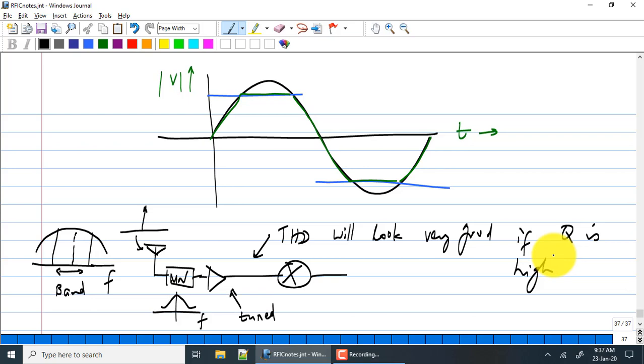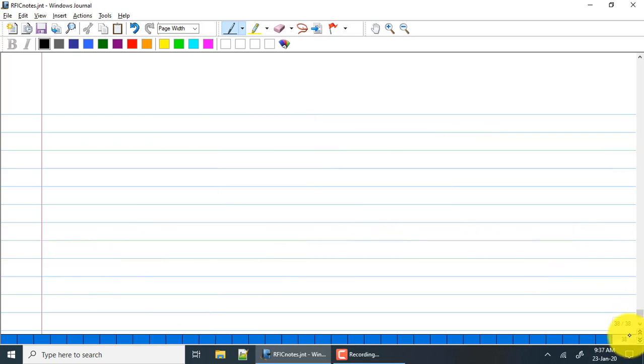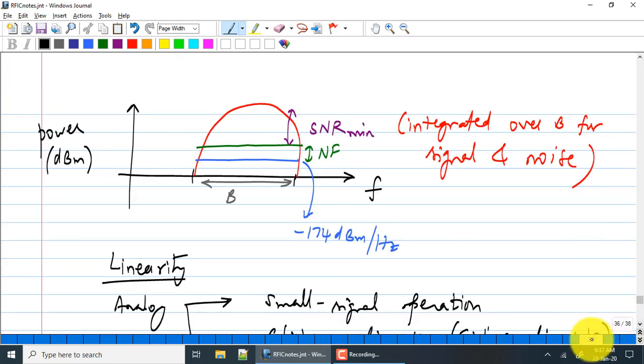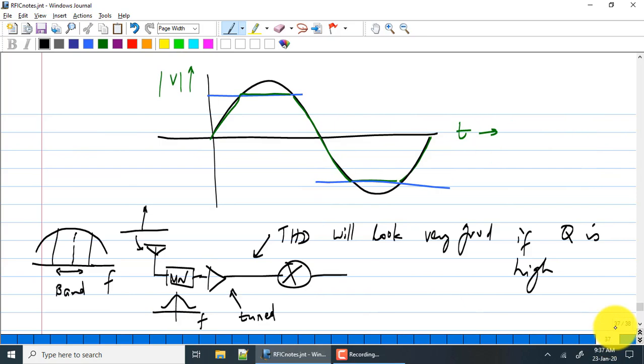Now, one of the simplest possible ways is to start. Let's go back to this. So I take a very high Q receiver and I start increasing the input amplitude. What will happen is that maybe inside the circuit the sinusoids will get clipped. Maybe the current sinusoids will, and then when they get converted to voltage, they may get filtered out and so on.